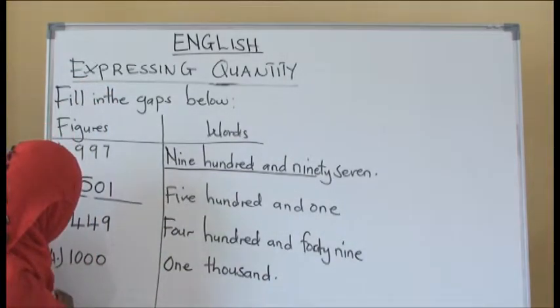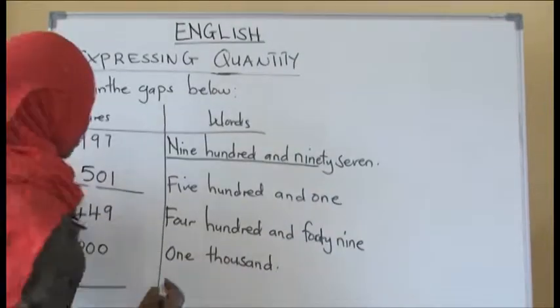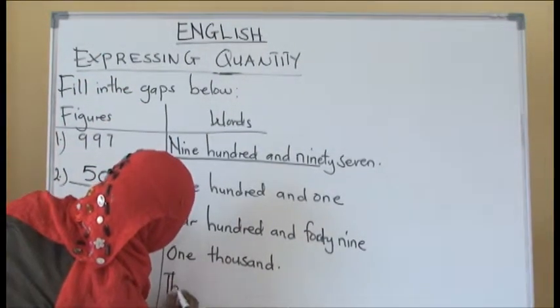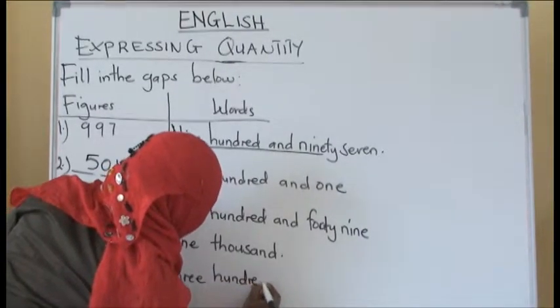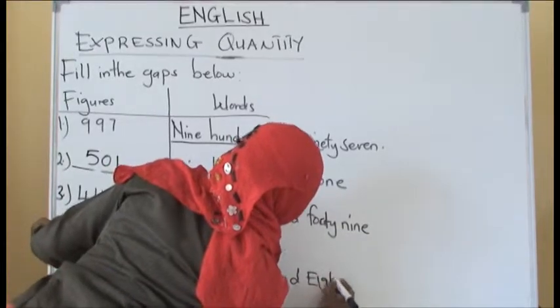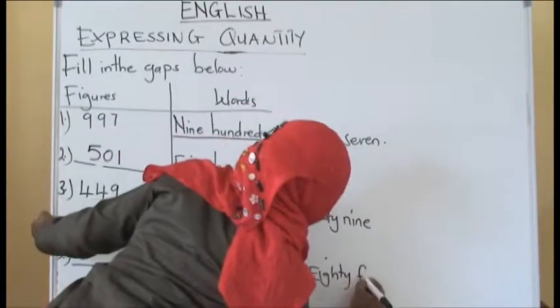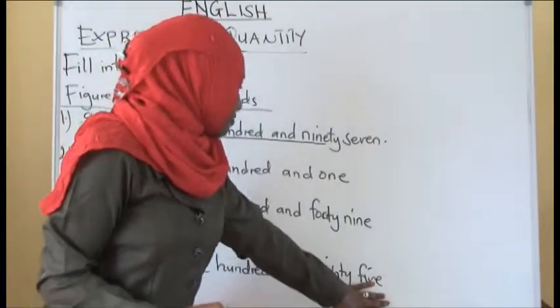Then the last question, here we had a dash. Then in this side for words, we had 300 and 85. So 385.